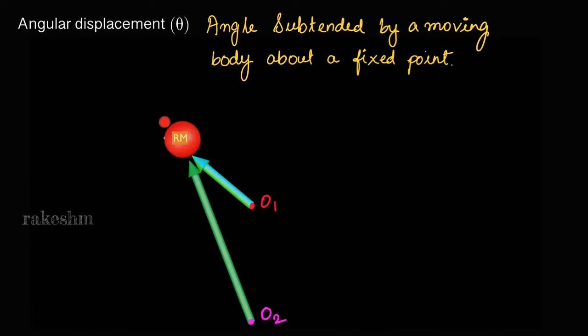Now we have the same body moving in a similar path, but we are going to take 2 points here. One is O1 and the other is O2. We are going to observe what is the angle subtended by this moving body at these 2 points.